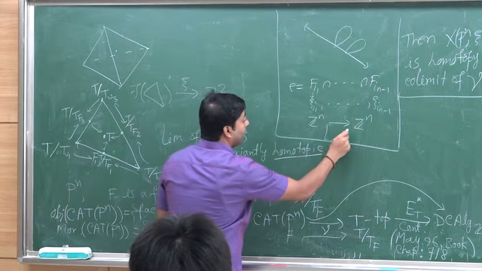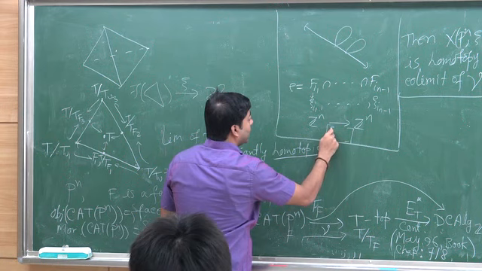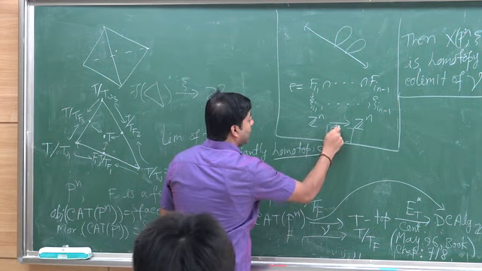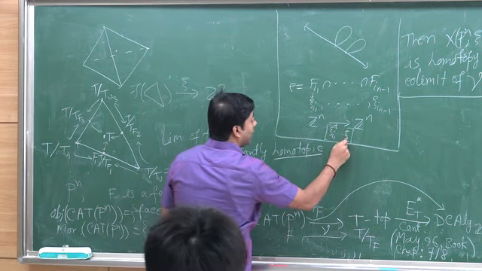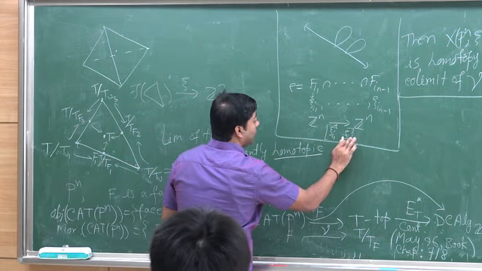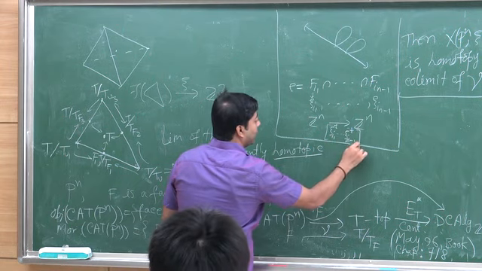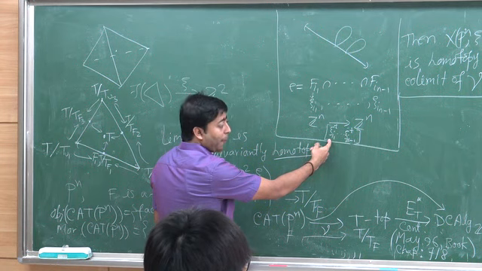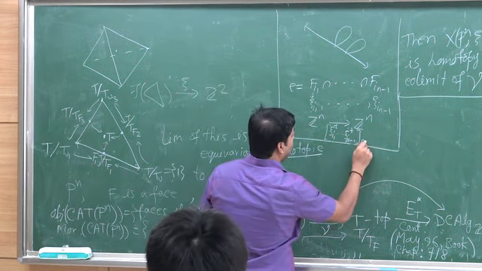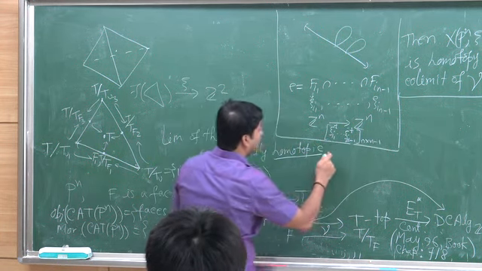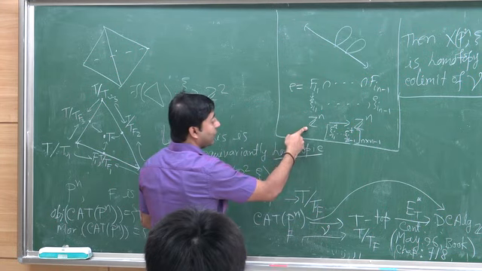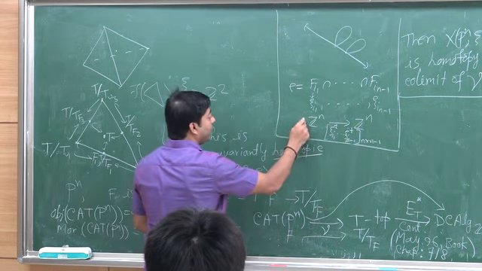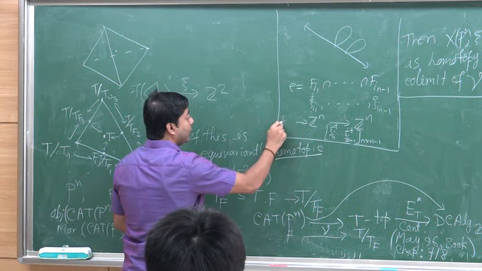If we take this matrix, chi_i1 transpose up to chi_i(n-1) transpose, this will give one matrix. So this is an n by n minus 1 matrix. If we apply this one, it should have some non-trivial kernel.